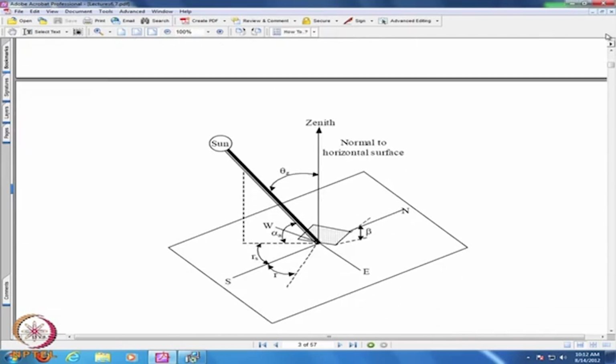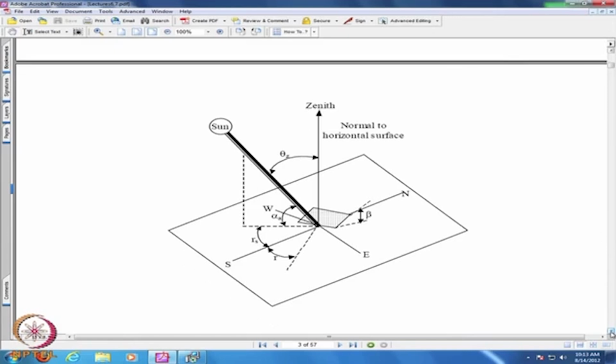Just to recapitulate, so that you will have an idea of what we are talking about next, we have a general surface of slope beta oriented due east by azimuthal angle of gamma, and the angle between the vertical and the sun's ray is the zenith angle, and the angle between the sun's rays and the outer normal to the surface under consideration, we will call the angle of incidence.